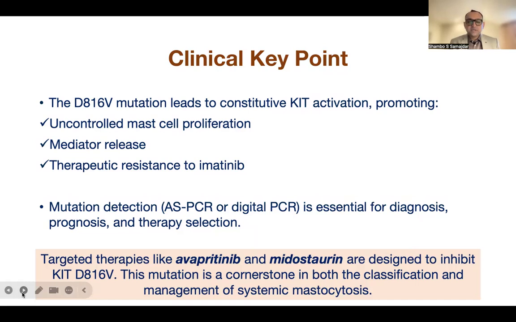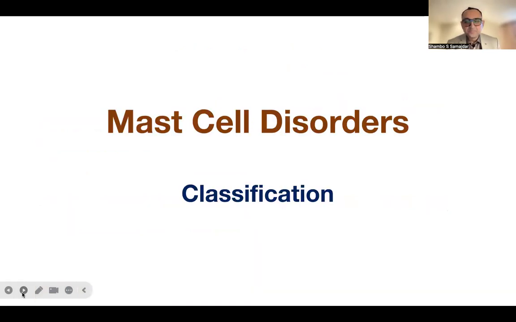And there are US FDA approved therapeutics like avapritinib and midostaurin, designed to inhibit KIT D816V. I don't have any experience with this type of drug, but I think this is available in the US. In India, I don't know about the availability. This mutation is the cornerstone in both the classification and management of systemic mastocytosis, and that is why we need to remember D816V.